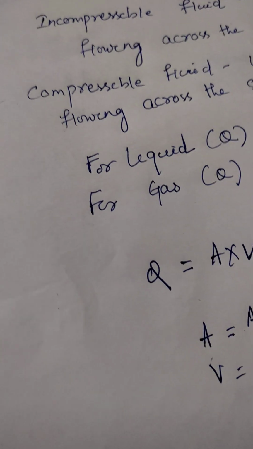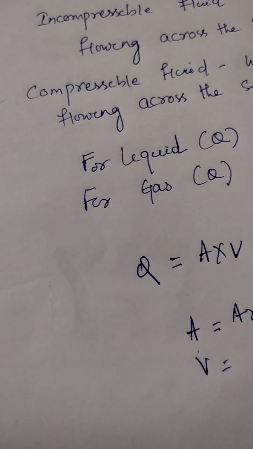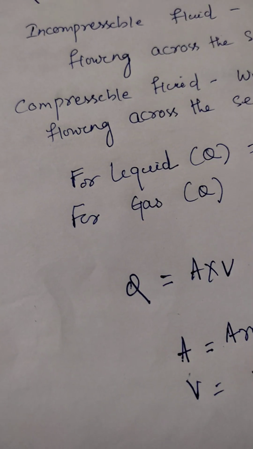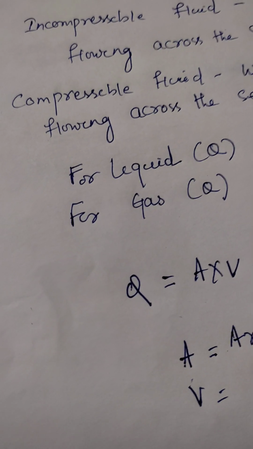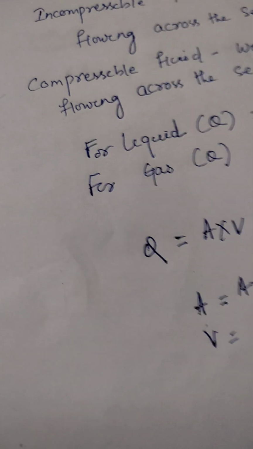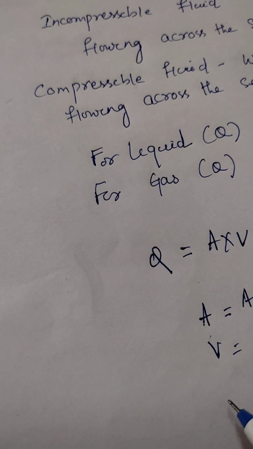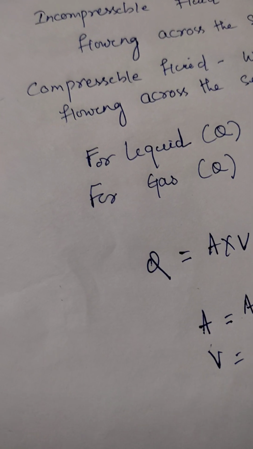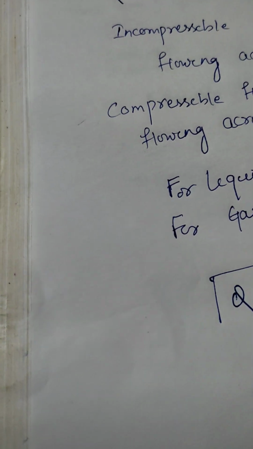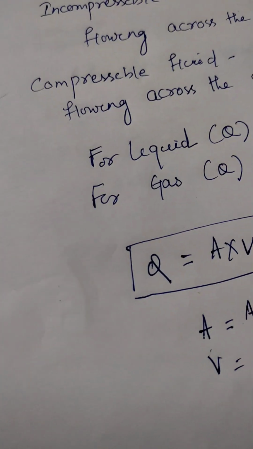V equal to velocity, measured in meter per second, at which the water or any fluid is flowing. Q equal to discharge. So Q equal to area into velocity. That is the formula for measuring the discharge.